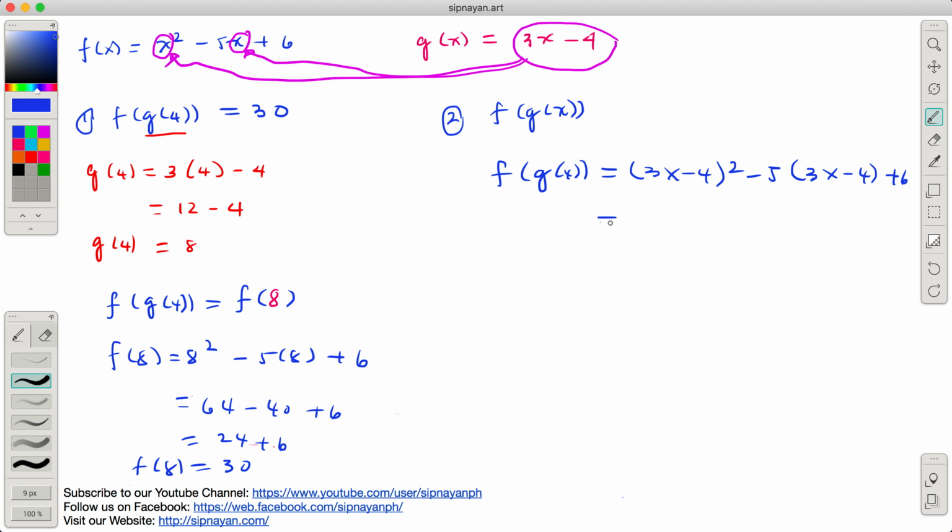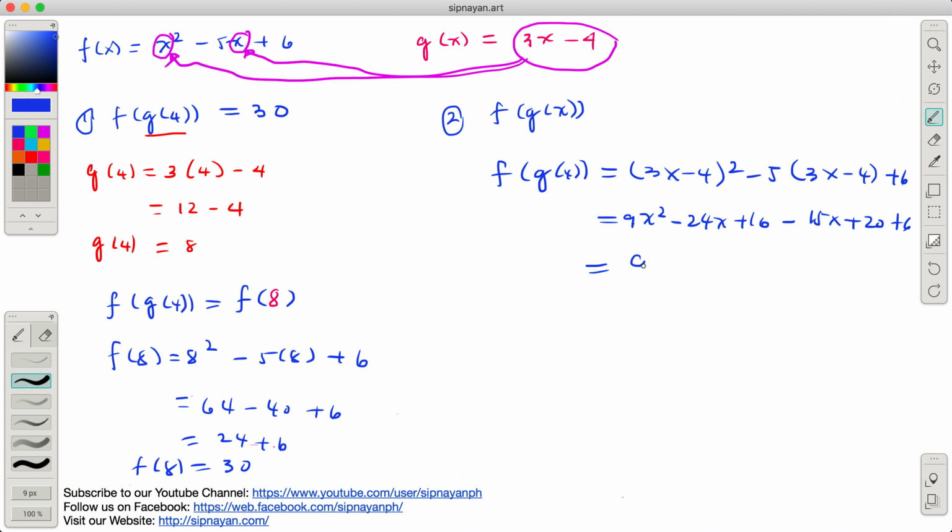Okay, so simplifying, we have 9x squared minus 24x plus 16, and then minus 5 times 3 is 15x, and then plus 20, and then plus 6.